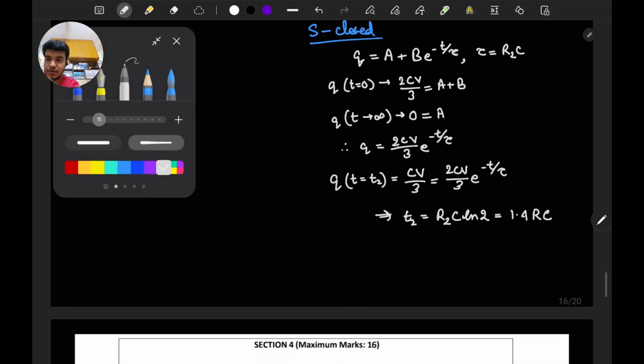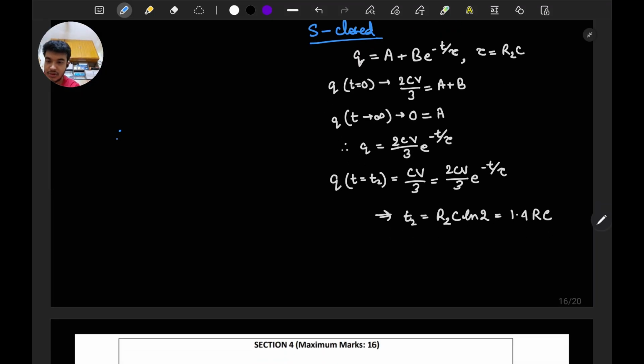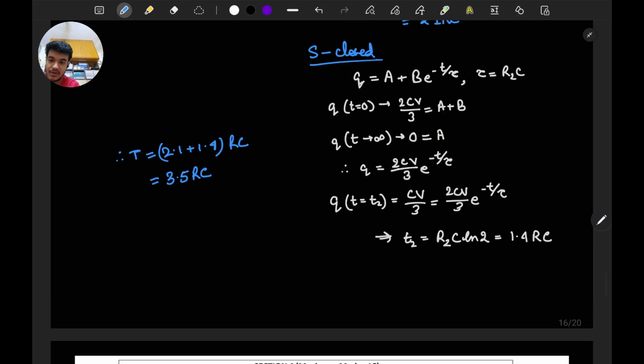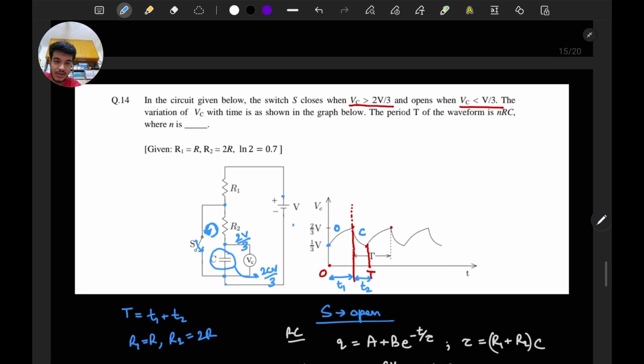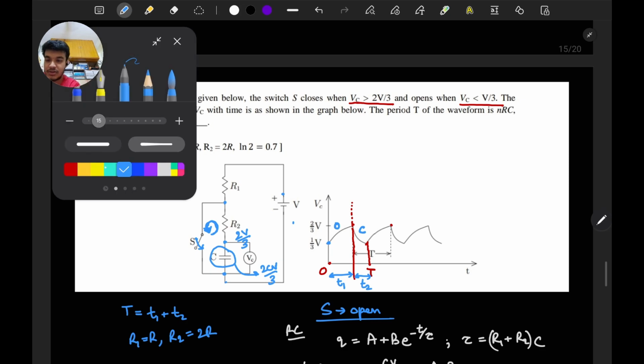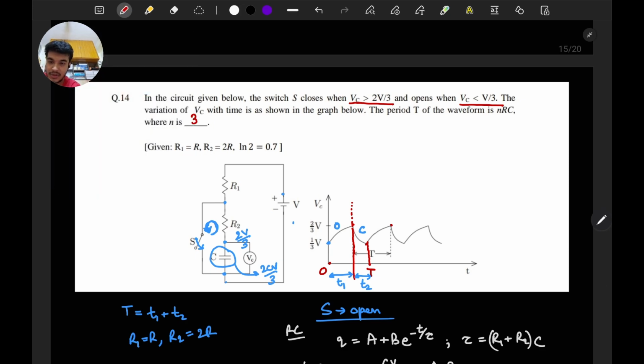So therefore my total time is basically equal to 2.1 plus 1.4 RC, which is 3.5 RC. Right, so my answer to this question will be 3.5. That is the period of the waveform.